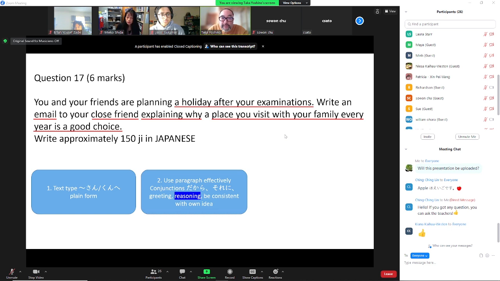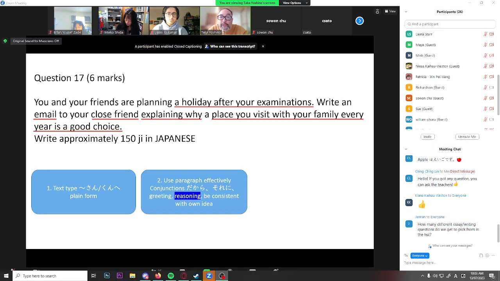And use paragraphs effectively. Use conjunctions, dakara, sore ni, because you have to explain why. So reasoning is important. And some conjunctions to explain the reason. And moreover, give another reason if you want to.